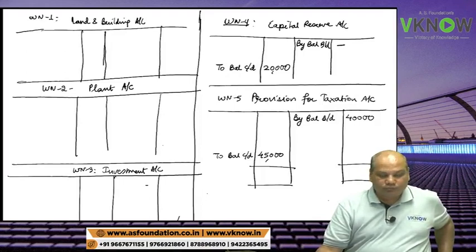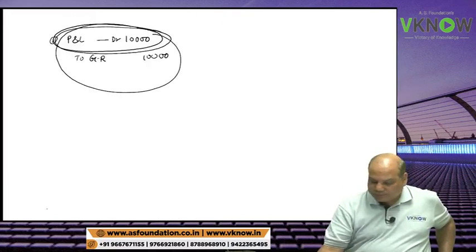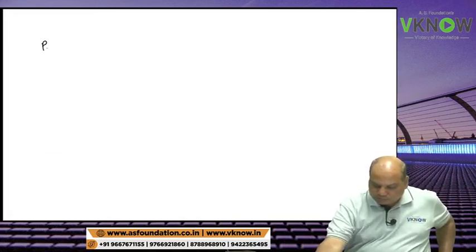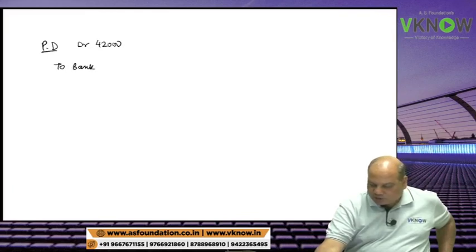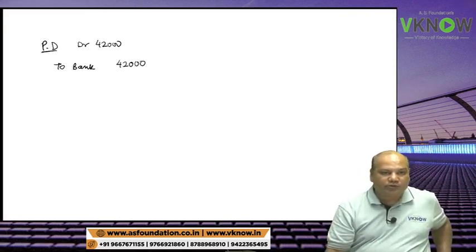If not, come to proposed dividend. Now what happens in case of proposed dividend? Proposed dividend which is appearing in opening balance sheet must be paid, because you know under Companies Act, once the dividend is proposed, it has to be paid within 30 days.